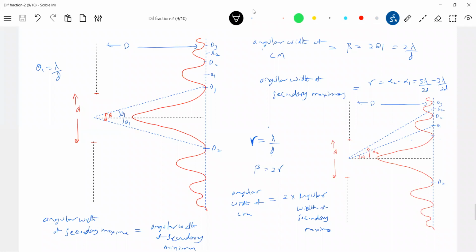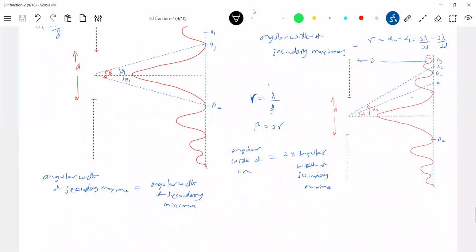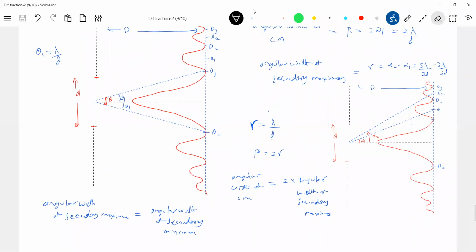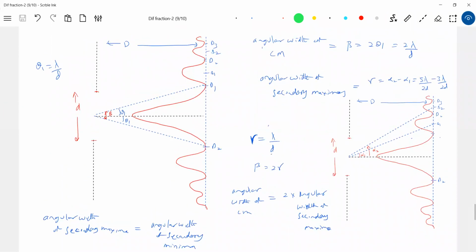Are we using rectilinear propagation of light to explain this? According to it, what should happen? I should get light only here, the screen should be illuminated only in this particular part, and there should not be any variation.